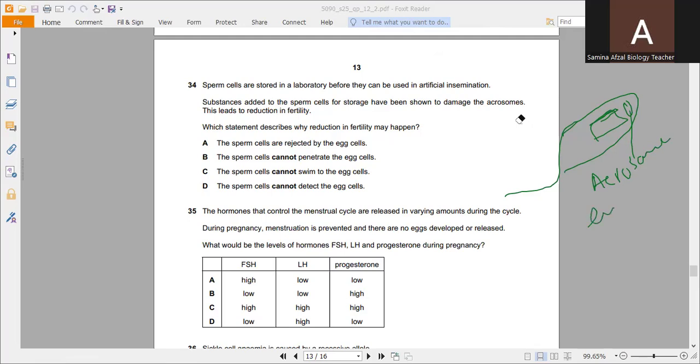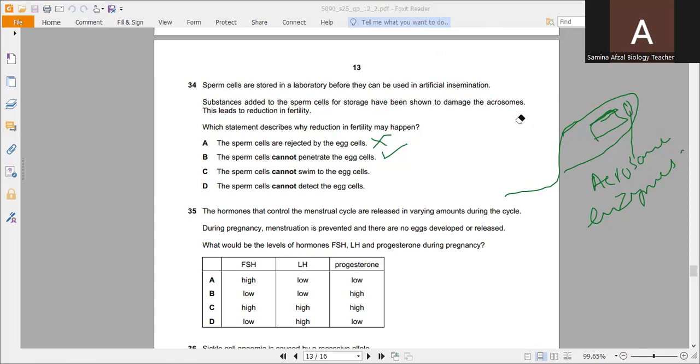The acrosome has enzymes which are used to digest the shell of the egg. So it is the reason that the sperm cell is able to enter into the egg for the process of fertilization. Are the sperm cells rejected by the egg cells? No. The sperm cells cannot penetrate the egg cells. Yes, if the acrosome is not there, enzymes will not be there to break down the shell of the egg.